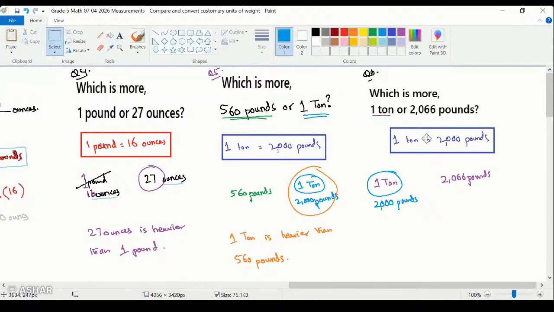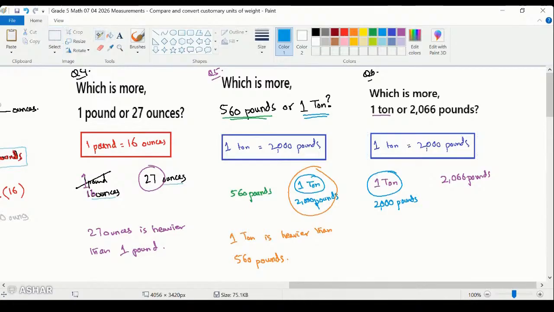So which one should be heavier? Should 2000 pounds be heavier or 2066 pounds? Since this is a greater value and the units are the same, we can say 2066 pounds is heavier.